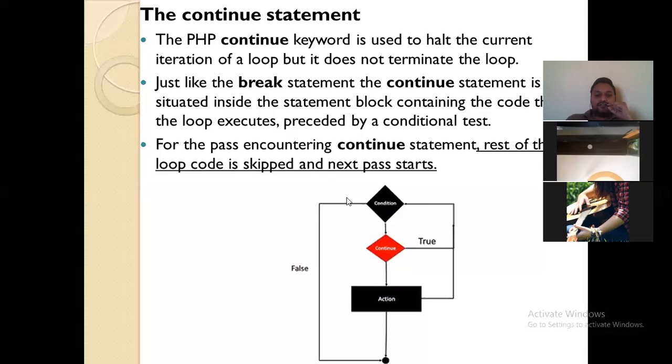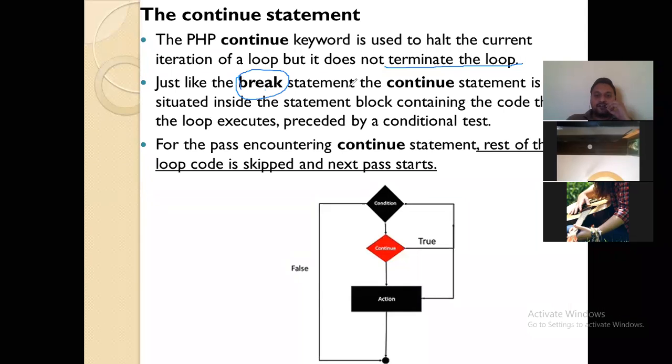The next statement is the continue statement. This is also a looping control structure. In PHP, the continue keyword is used to halt the current iteration of a loop, but it does not terminate the loop. See carefully. In our break statement, the break statement was terminating the loop, but this continue statement does not terminate a loop.